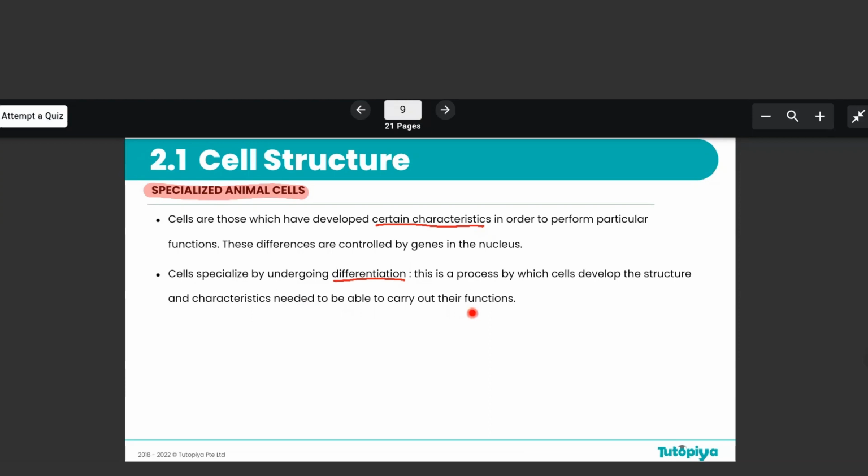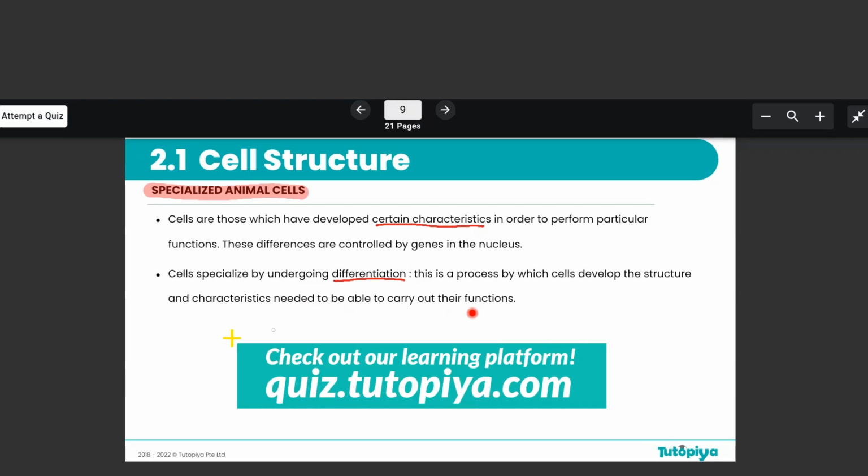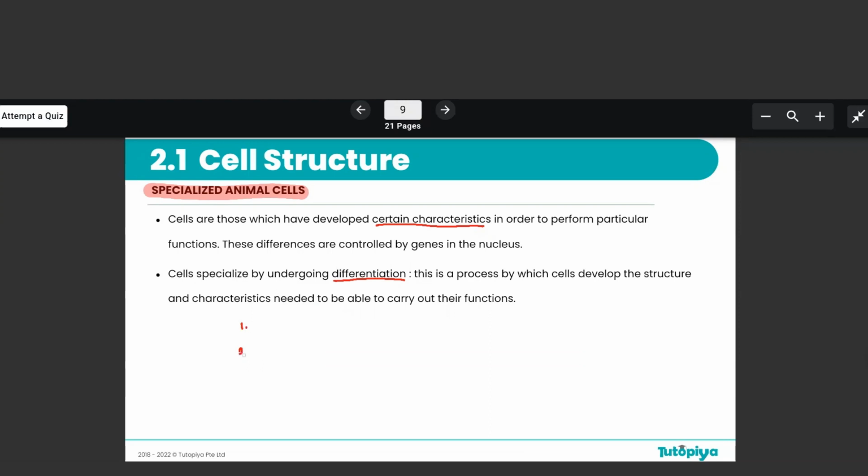And there are many specialized cells in animals' bodies. But in our syllabus, we're going to be talking about 5 types of specialized cells. We're going to be discussing first the red blood cells, and then the ciliated cells, and next the sperm cells.